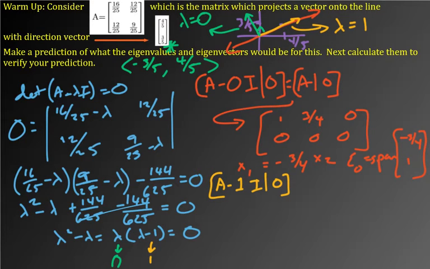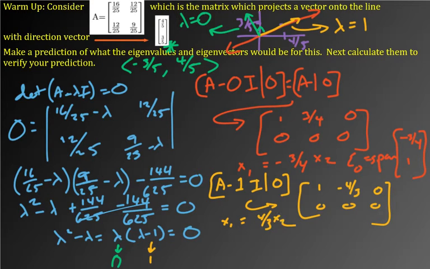If you do that one out, you'll get this matrix, and you can see that x1 equals 4/3 x2. So the eigenvector for 1 is anything in the span of 4/3, 1. If you multiply by 3/5, you would get the things parallel to the line we projected onto.